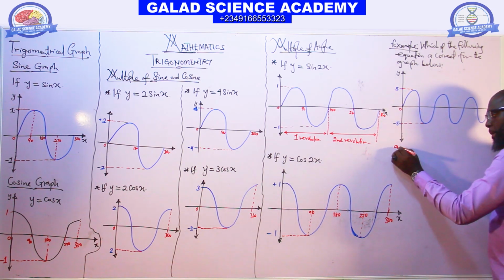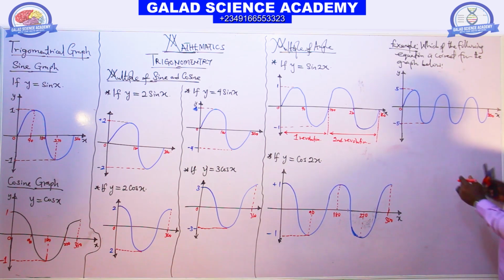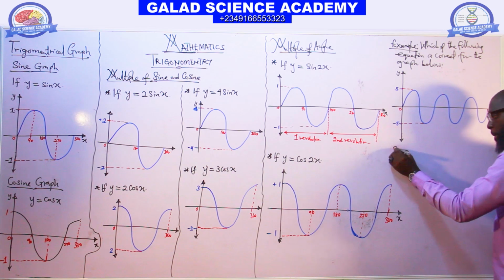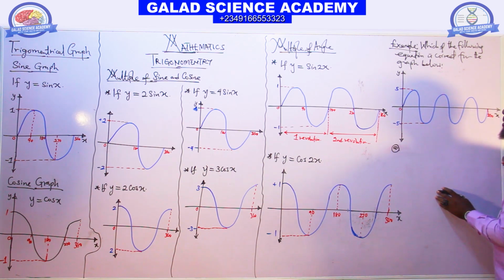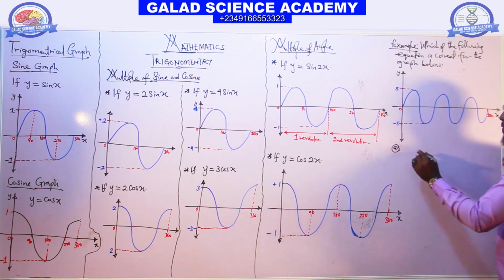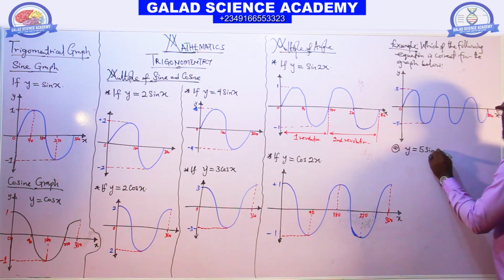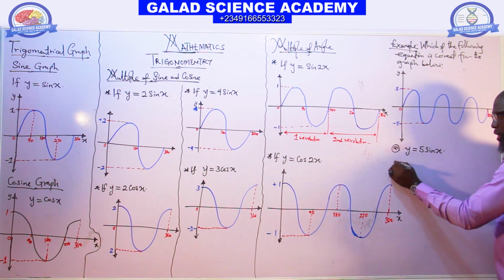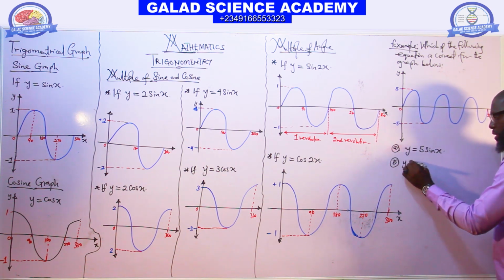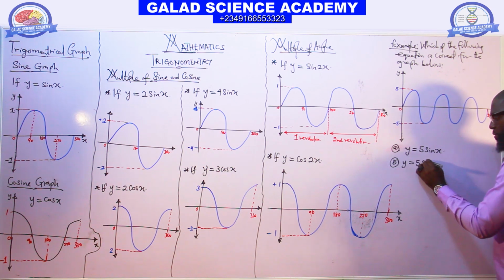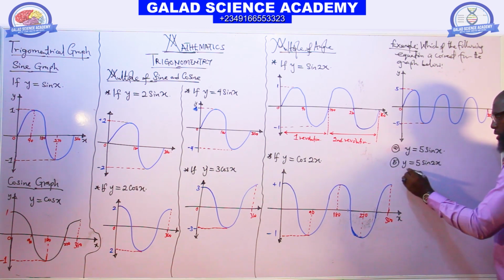Option A, 5 sine x. Option B, 5 sine 2x.